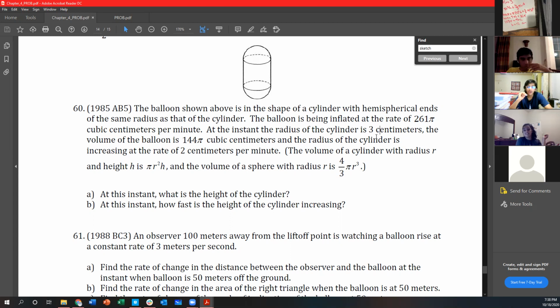Why not? Because, well, for a class test, you should, but on the AP exam, boxing it doesn't get you any credit. The reason why boxing might actually hurt you is, say the correct answer was h equals 15 centimeters, and you had shown all the proper work, but for whatever reason, you accidentally rewrote it as h equals 12 and you boxed that.